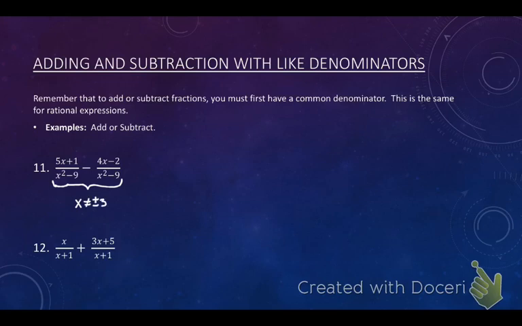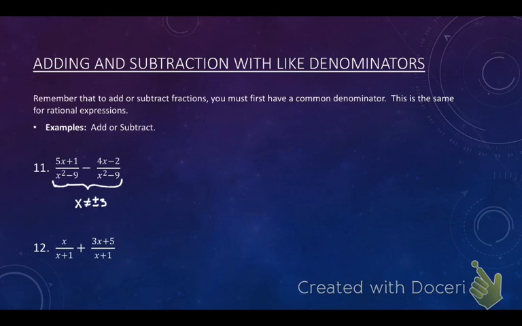I still need to check that in the beginning. That hasn't changed, because if it's 3 or negative 3, then you don't have a problem to work with. So I want to know what that restriction is before I start, and then again, just like yesterday, I can always add to it. I can never take a restriction away.